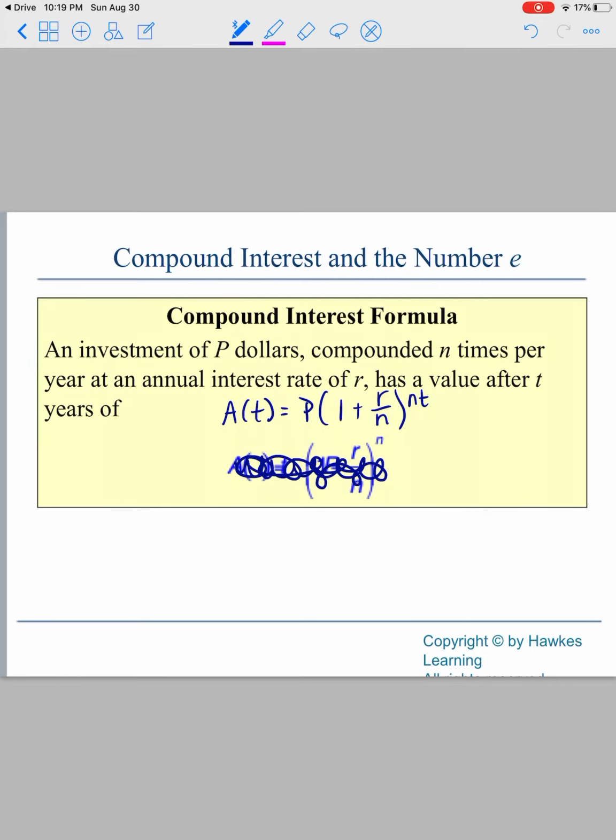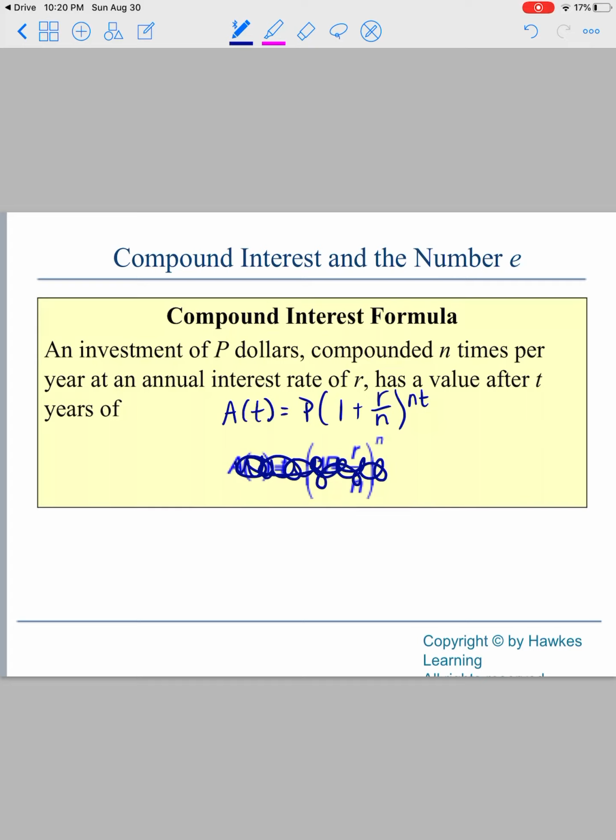A of t here is the amount that I have after a certain amount of time, after 5 years, after 2 years, after 1 month, whatever, how much money I have. P is my principal. That's how much I start with. And then I'll multiply it. Here's where I get my interest. 1 plus r stands for the rate. And n stands for how many times per year that it's compounded.